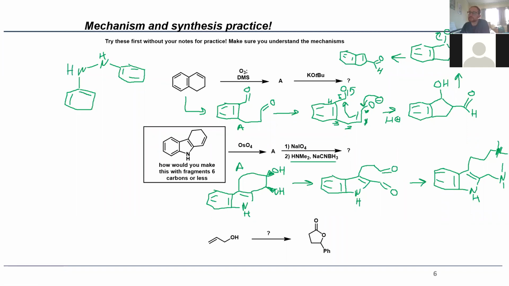And a 3,3 sigmatropic rearrangement to give this structure shown here.